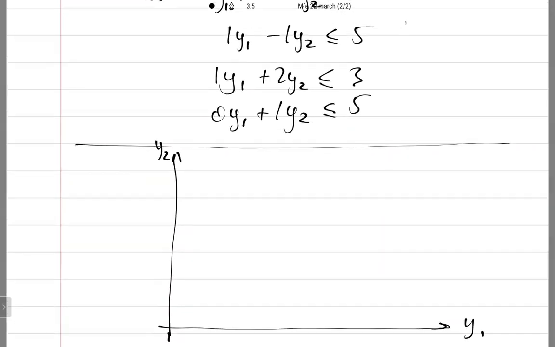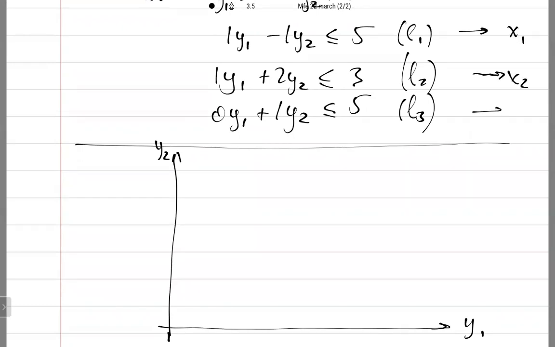So I have 3 lines: line 1, line 2, line 3. They correspond to the variables x1, x2, and x3. So let's draw all the constraints.